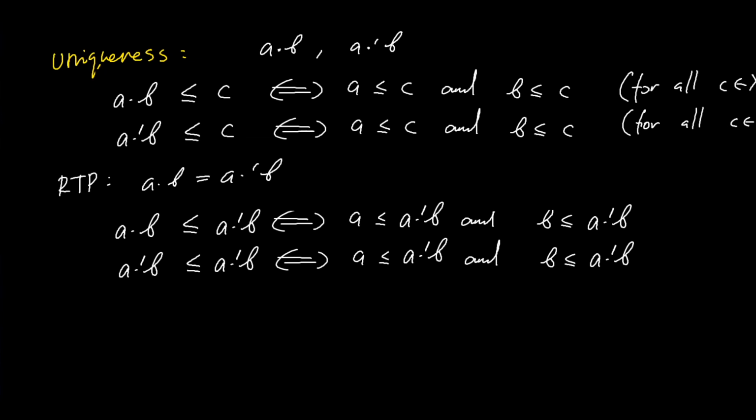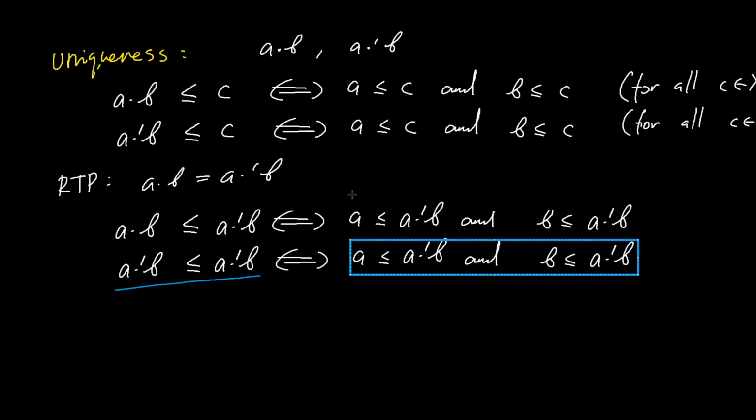Well, if I look at this left-hand side here, this is always true by reflexivity, isn't it? The right-hand side is something strange, but what I do notice here is that this strange thing is exactly the same as that strange thing, right?